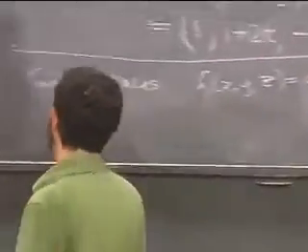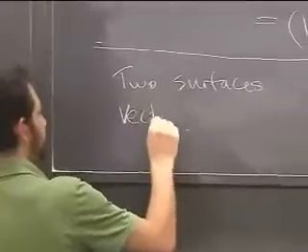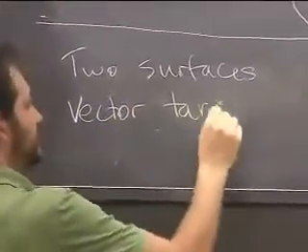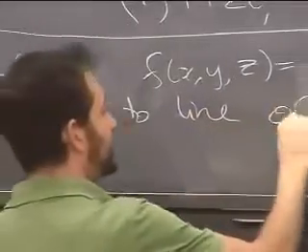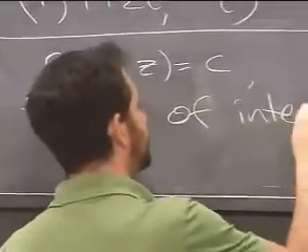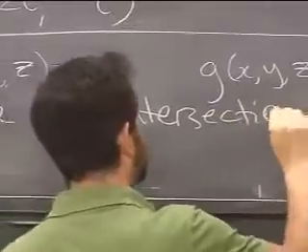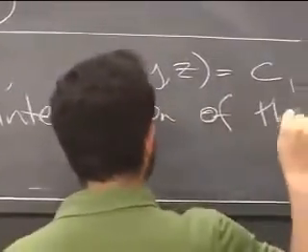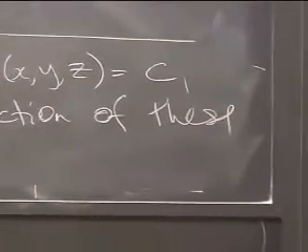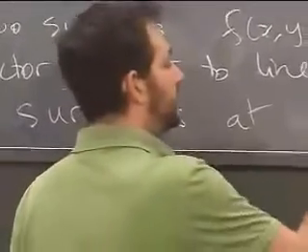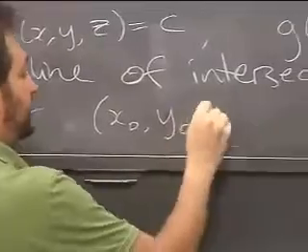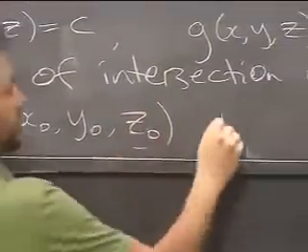What is a vector tangent to the line of intersection of these surfaces at a point x0, y0, z0 on this curve?